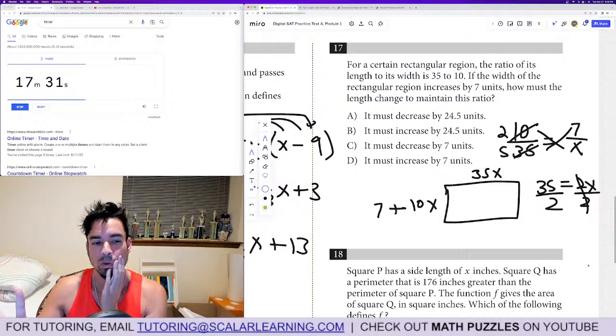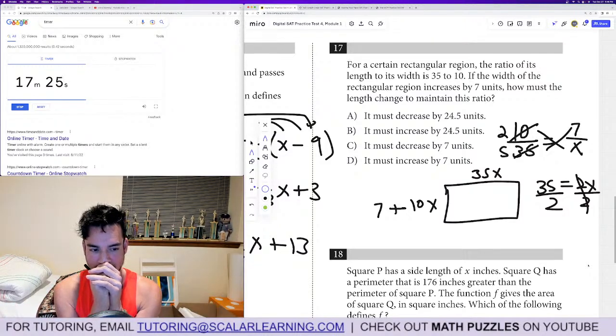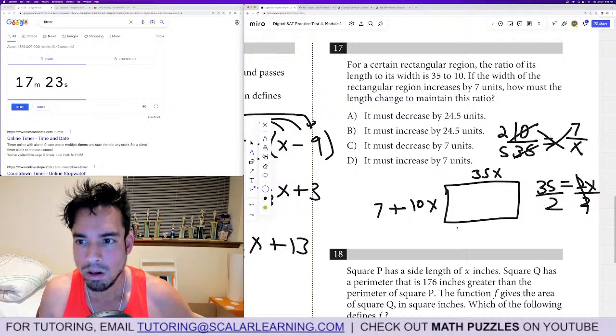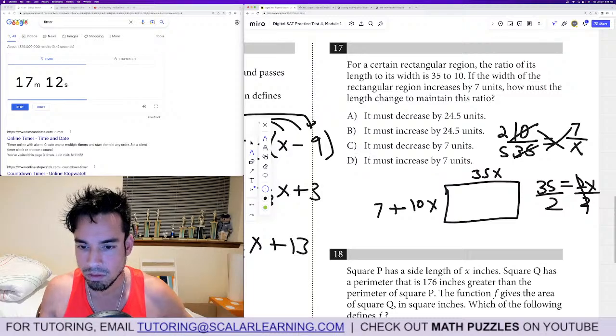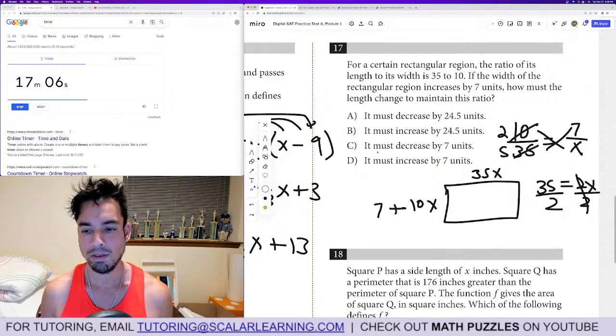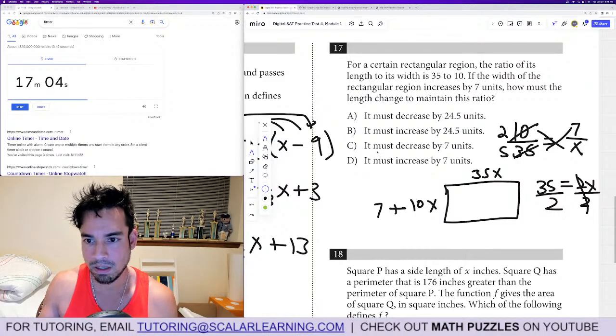The length, because the ratio, but we don't know the units. Hold on a second. This is interesting. So if the width increases by 7 units, obviously the length must increase too. It can't be 7. It's obviously not going to decrease, right? Let me read it again.